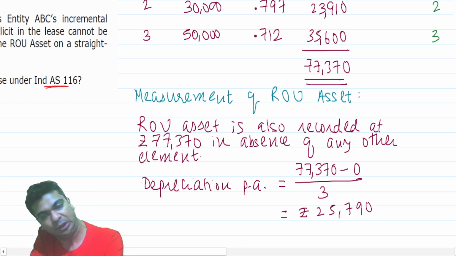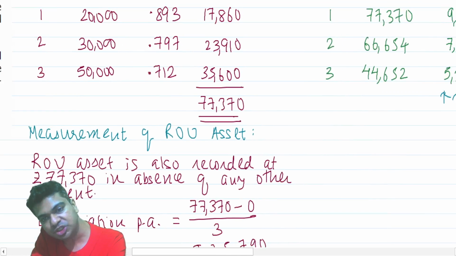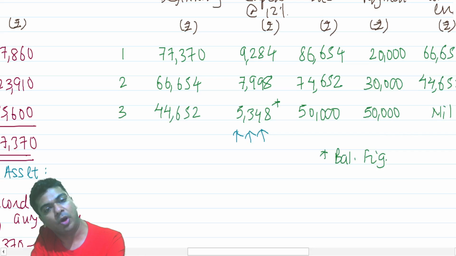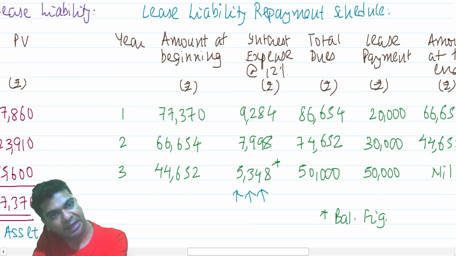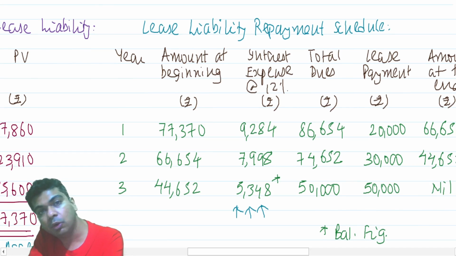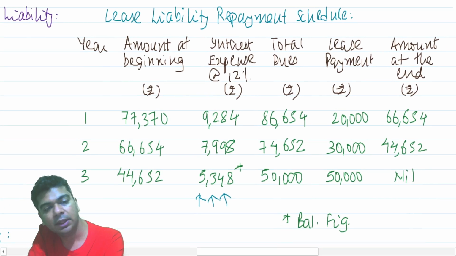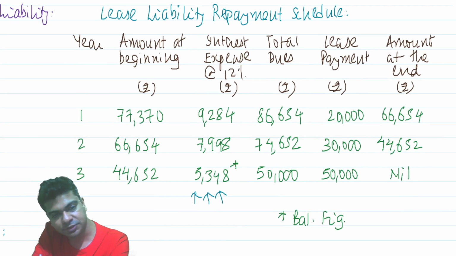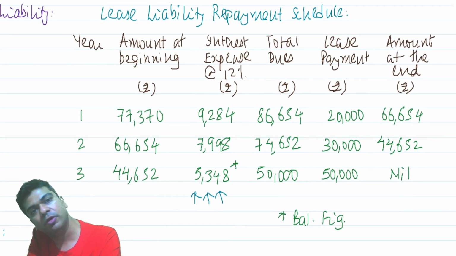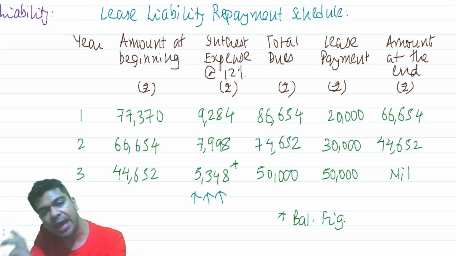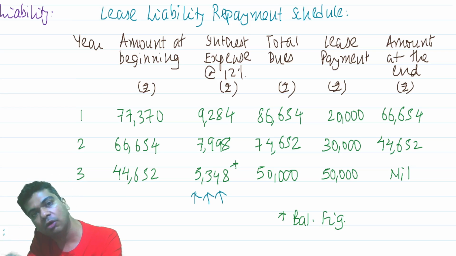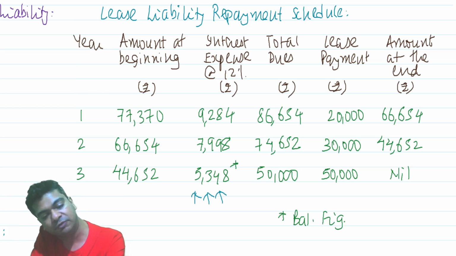So I calculate the amount of the depreciation. Yes, this is important. Lease liability, we are going to repay, and if you are repaying, then there shall be interest expense. So I have prepared a loan repayment schedule. Here we are calling it a lease liability repayment schedule, and we are calculating what is the amount of interest expense for each of the years.